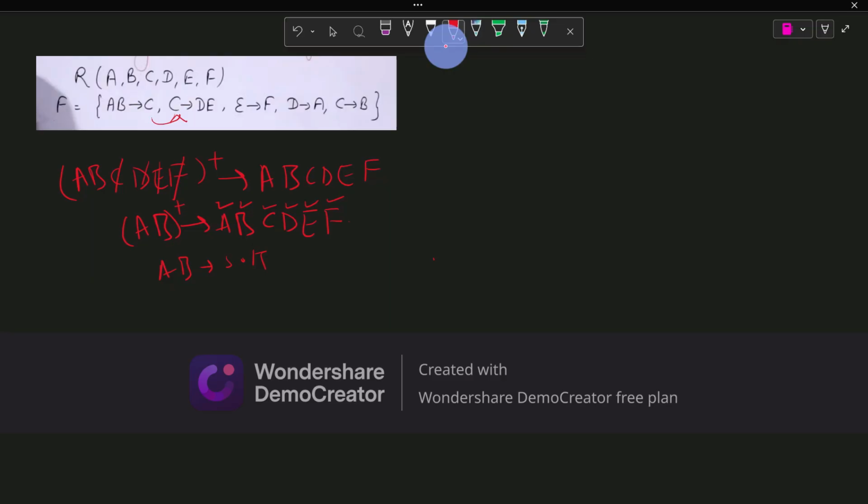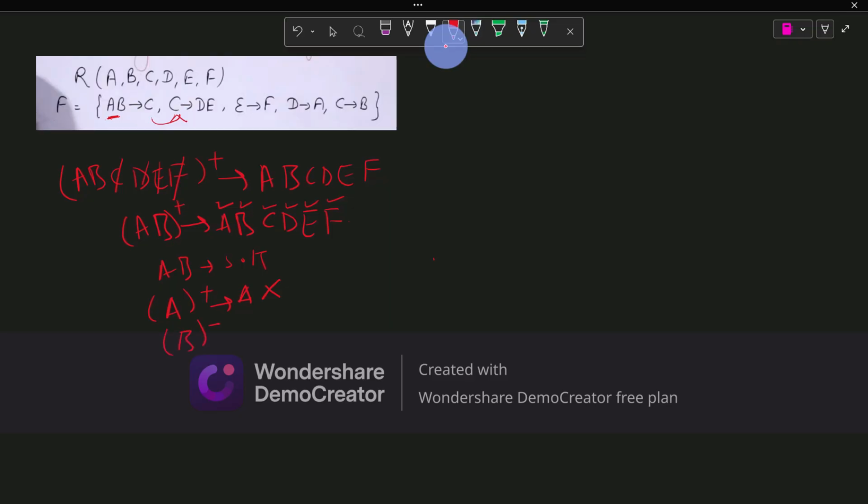We have to first find out. So let's first find the closure of A. If we find the closure of A, as we can see, with A we cannot determine anything. A and B together can determine C, but A alone cannot determine C. So the closure of A is A only, so it is not a super key.